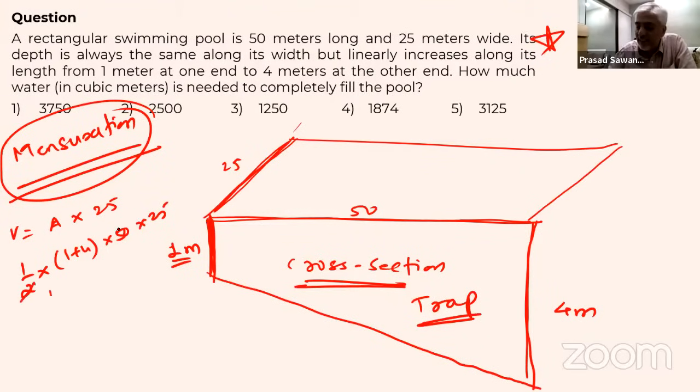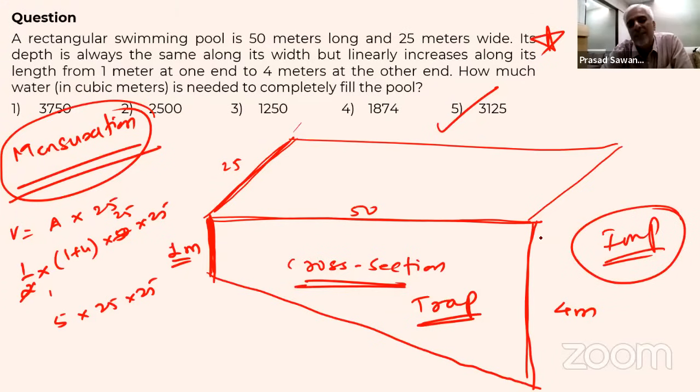So final answer is, this cuts here, 5 into 25 into 25. That is 625 5s are 3125. Important question. This was asked in CAT also some years back. I think 2014 or 15, one of the years they asked a very similar question in CAT also. Is that clear?